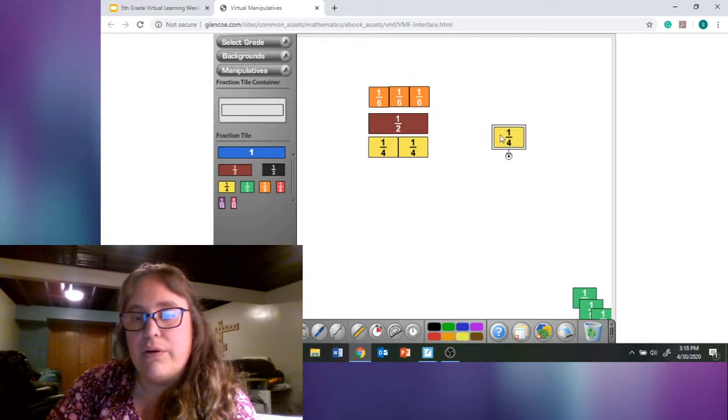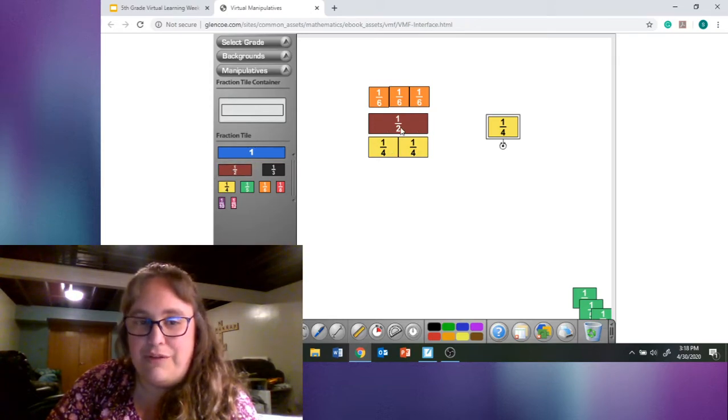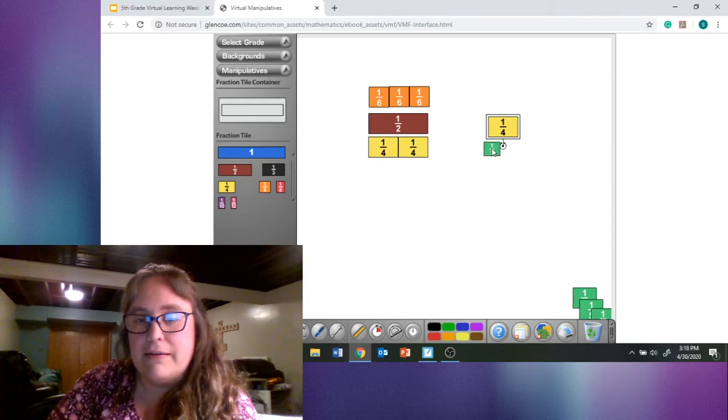So here's my 1/4. Well, I can already tell visually that half is larger than that, right? Like we proved it here. 1/3 is also larger than that, so I'm not even going to mess with those pieces. Let's see, 1/5. Well, I'm not going to mess with that either because I can tell that it's smaller.